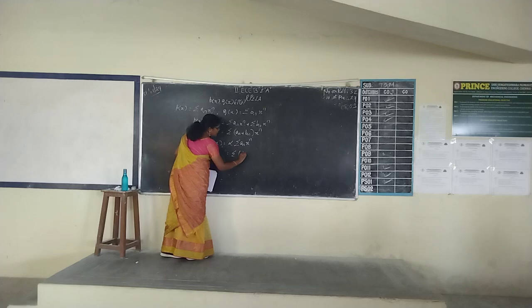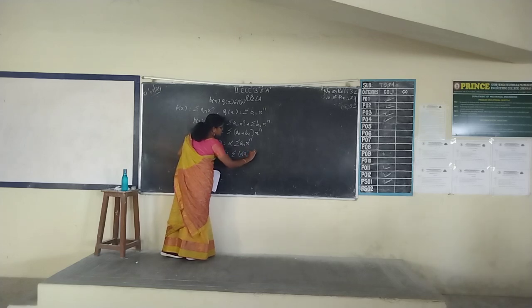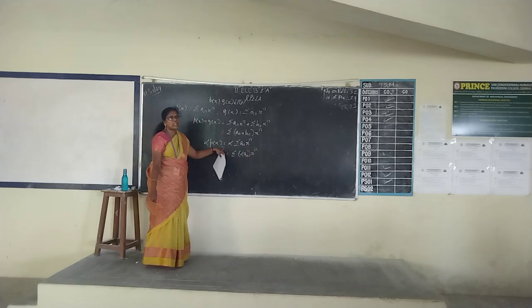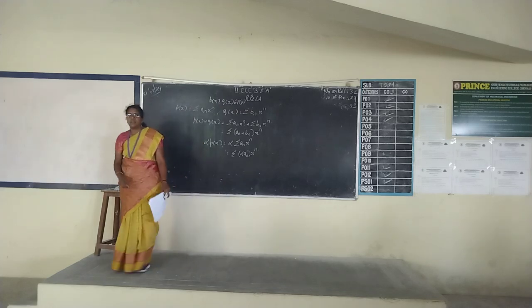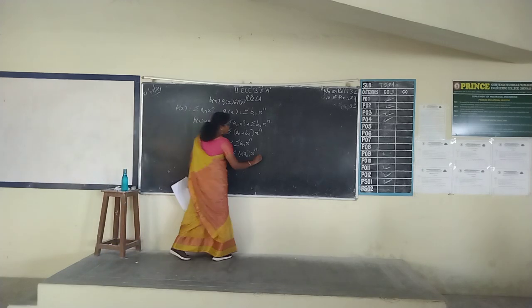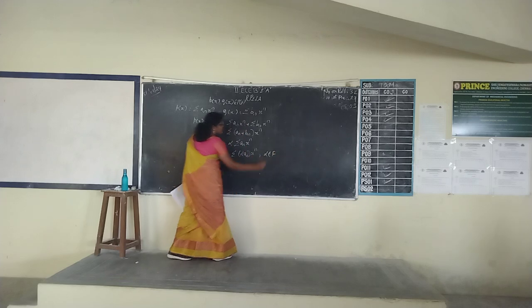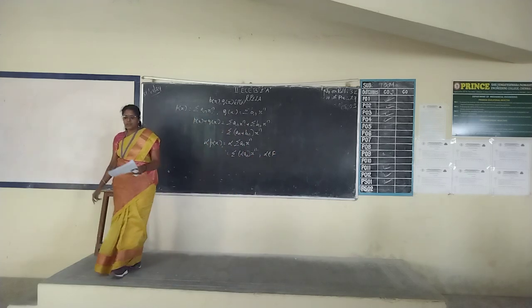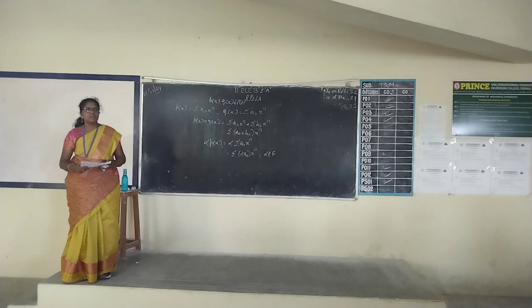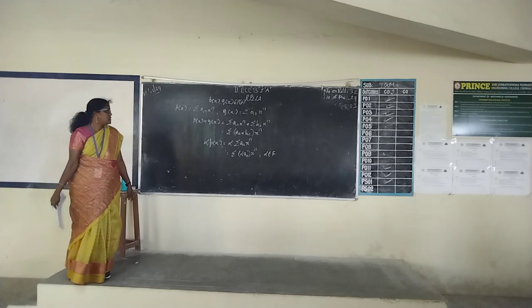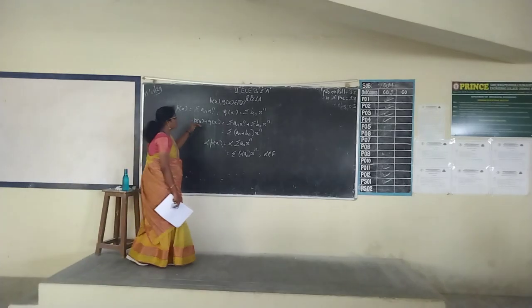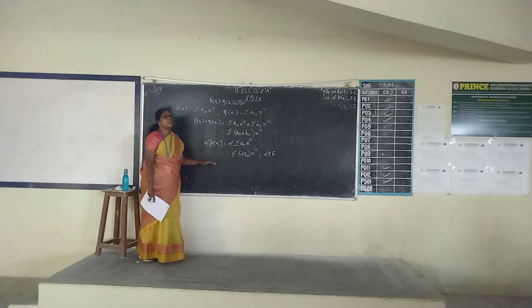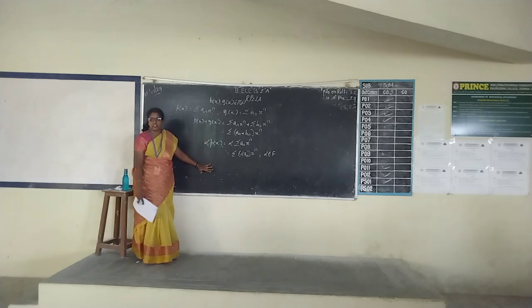Summation of alpha into an x power n. Alpha should be multiplied with each coefficient, where alpha belongs to F. So we have got this to be the addition law, and this is going to be the corresponding scalar multiplication.